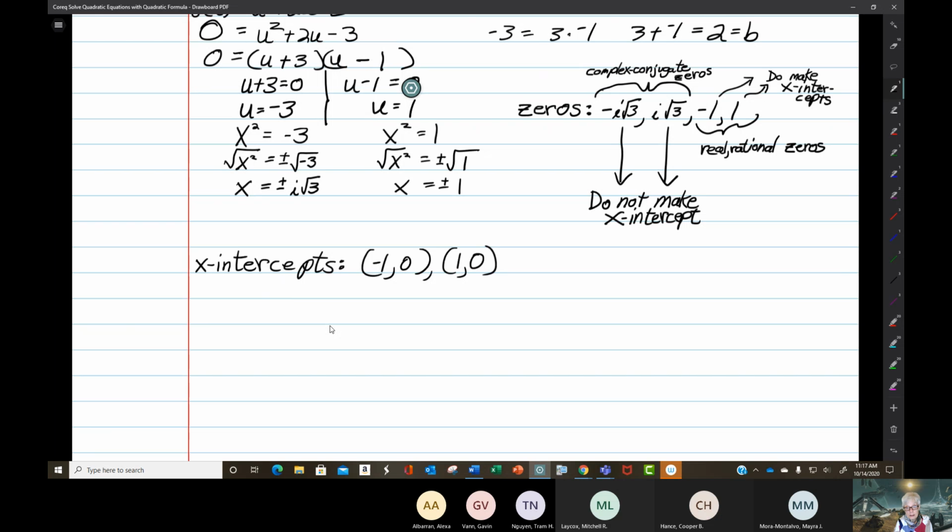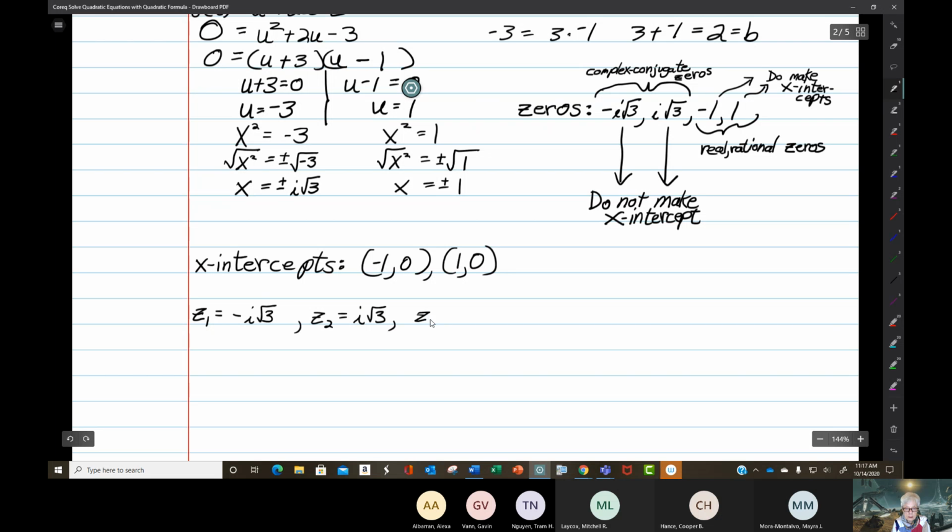And then let's number our zeros. So Z1 equals -I times the square root of 3. Z2 equals I times the square root of 3.